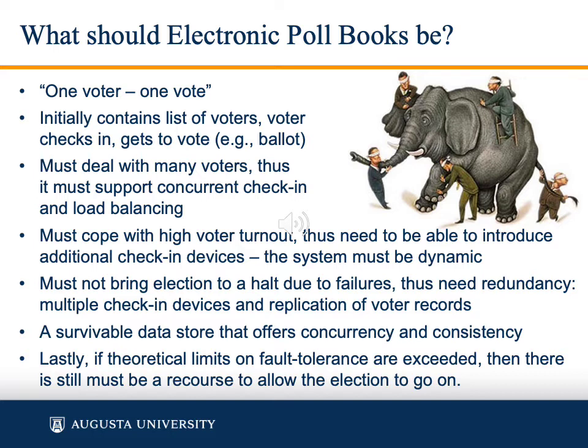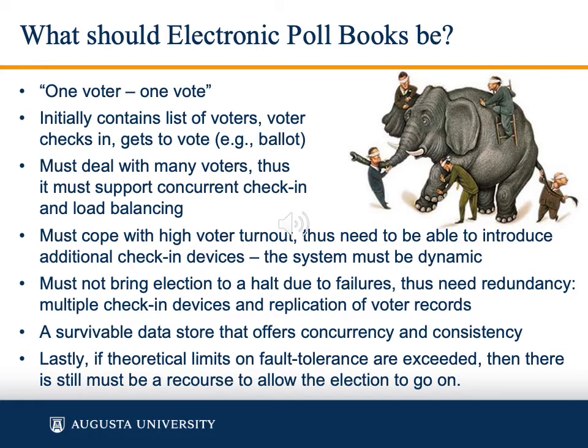The good news is that the system is inherently redundant because there are multiple check-in devices, but taking advantage of that is important to make the system fault tolerant. And of course, redundancy introduces the challenge of consistency, and that is a difficult problem.